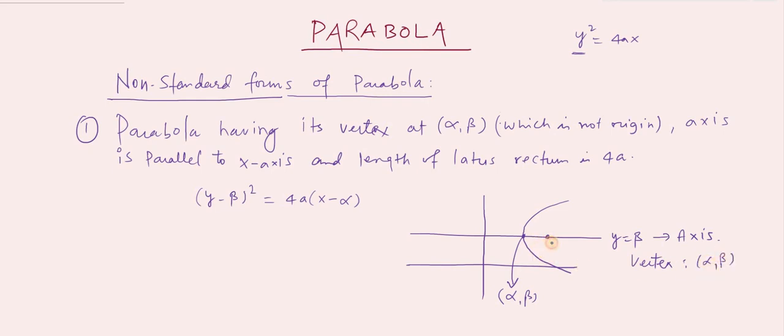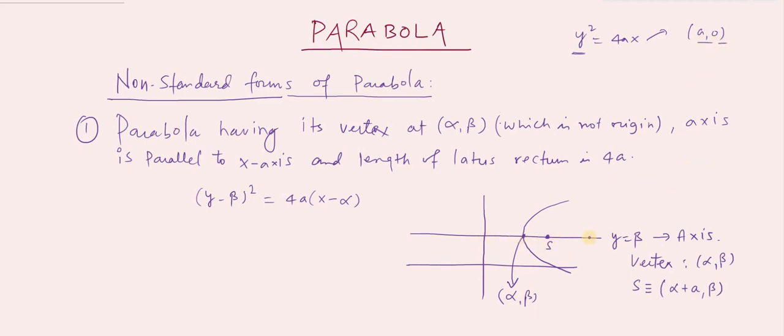What about focus? Coordinates of focus will be alpha plus a comma beta, correct? Because initially the focus of y square is equal to 4ax was a comma 0, but now origin is shifted to alpha comma beta, therefore this point a comma 0 will become alpha plus a comma beta.